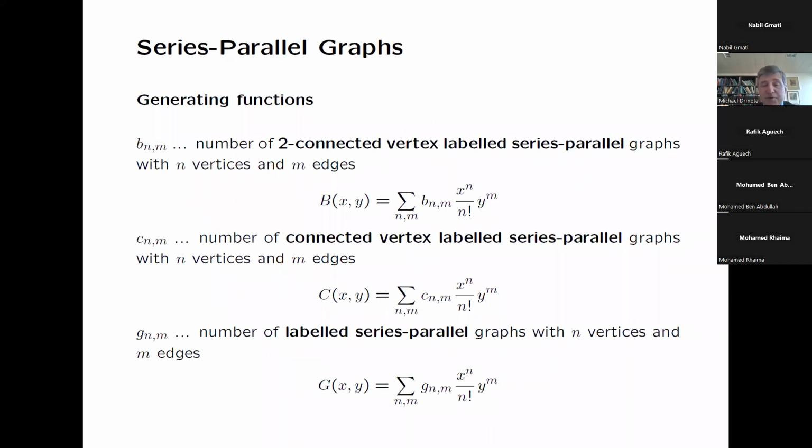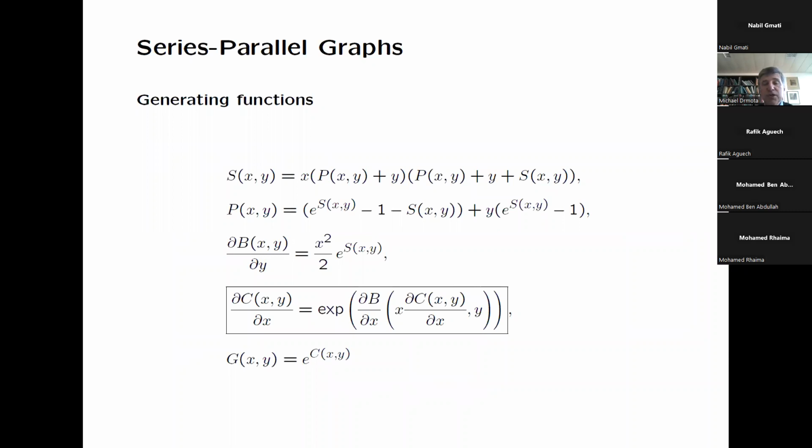Well, I cannot give you all the details, but let me give you a flavor of how you can use this concept for series parallel graphs. So first you have to count series parallel graphs, and this is done with the help of generating functions. And here we start with generating functions in the number of vertices and edges. This is necessary for doing the combinatorics.